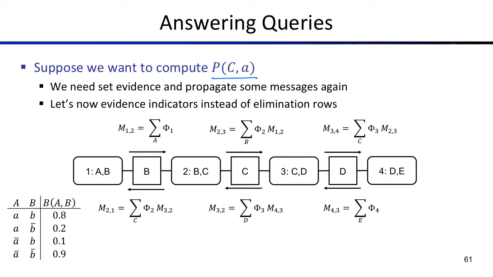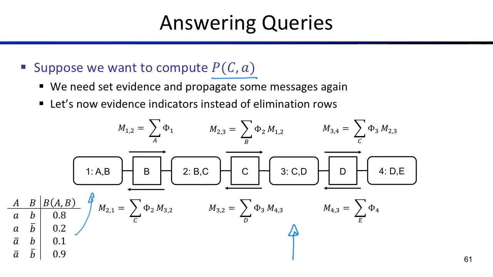We need to select where we're going to compute this probability, and let's suppose that we decided to take cluster number 3. We could also use cluster number 2 if you want to, that is another option. And let's suppose that this is the factor that we have here in cluster 1. So the first thing that we have to do is introduce one evidence factor.